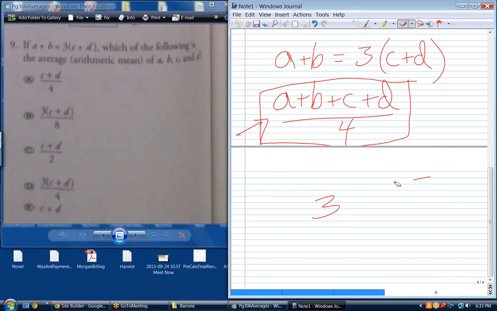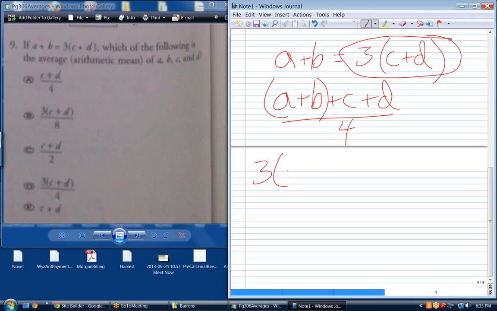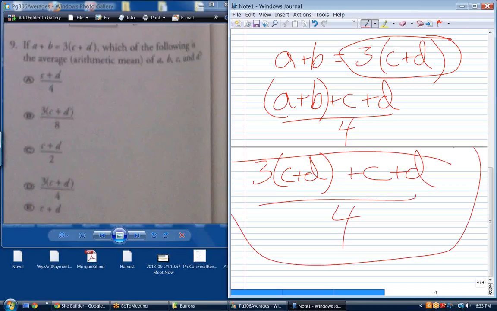So let's step back a moment. Here's what we're trying to find, and it needs to be a function of C and D. So how about if we just take this part right here and substitute this? So we would have 3 times C plus D instead of A plus B, plus C plus D over 4. So there's our answer once we simplify.